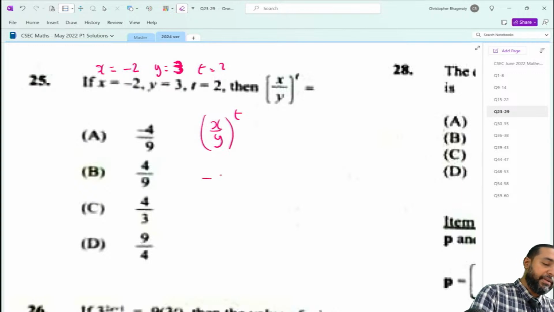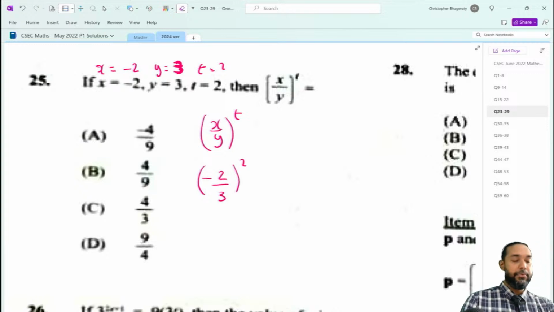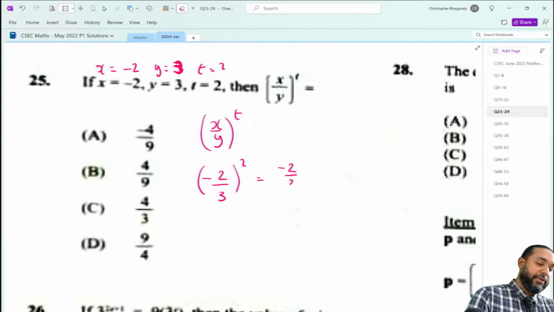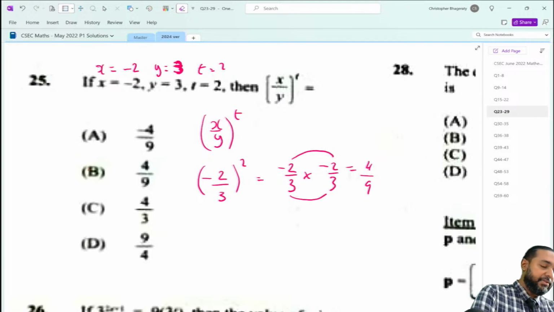So x is minus 2, y is 3, and t is 2. When you raise to the power 2, you're squaring, right? You're multiplying something by itself. So you could show minus 2 over 3 multiplied by itself. A minus by a minus is a plus, and 3 by 3 is 9. So yeah, 4 9ths is indeed the answer.